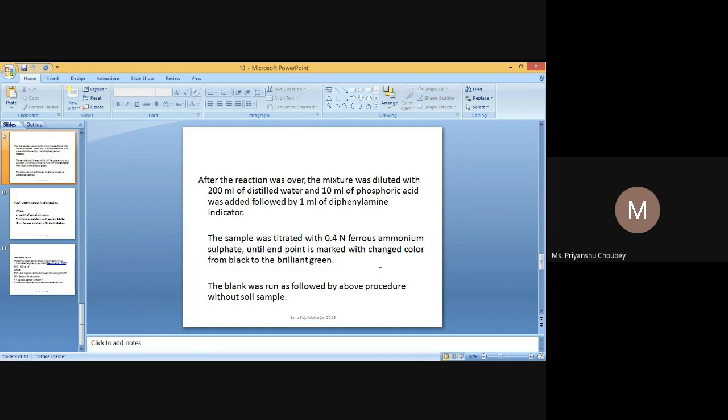With the addition of a flocculating agent, zeta potential is lowered. The particles come closer and attract each other, resulting in the formation of flocs of silt size. Flocs are stable as long as the flocculating agent is present.